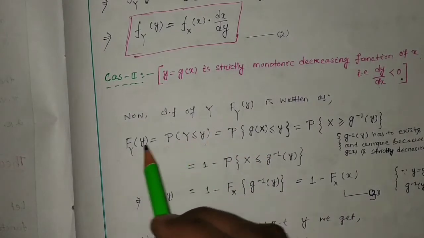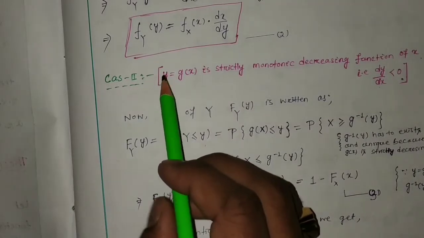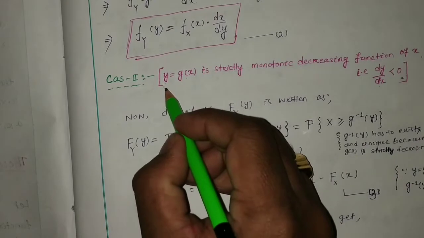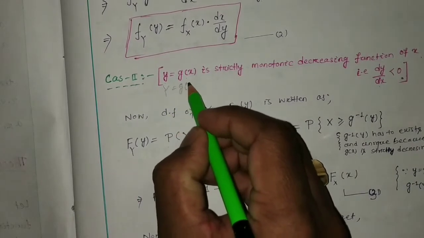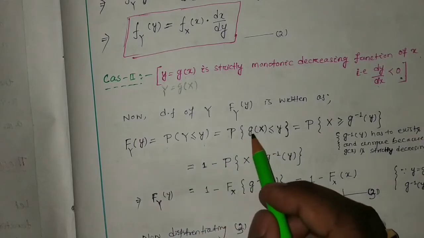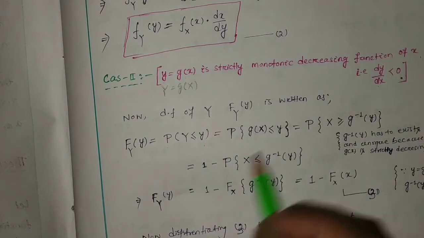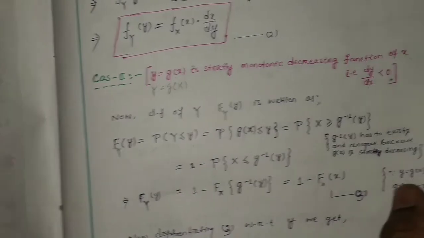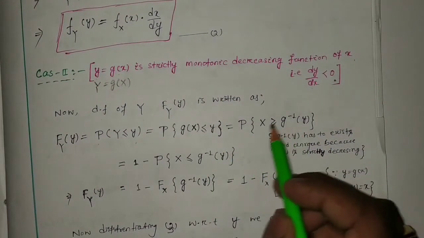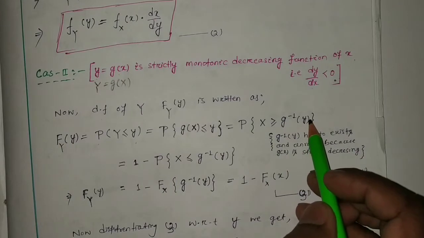Now we have considered that y is equal to g of x. So instead of Y we can write the probability of g of x less than or equal to y, which is equal to the probability of x greater than or equal to g inverse y, right?